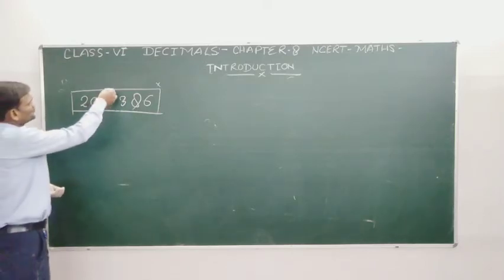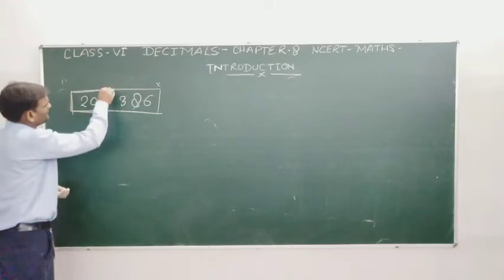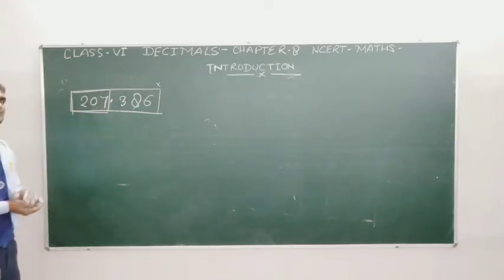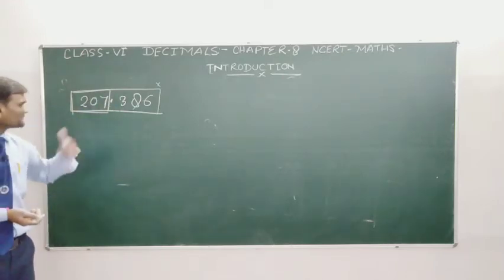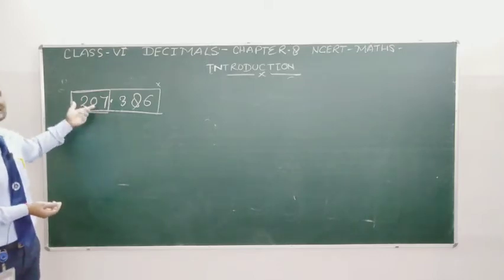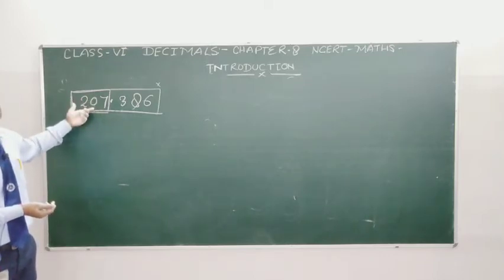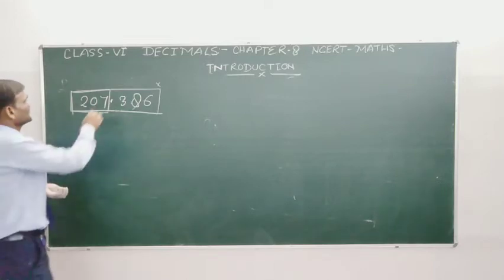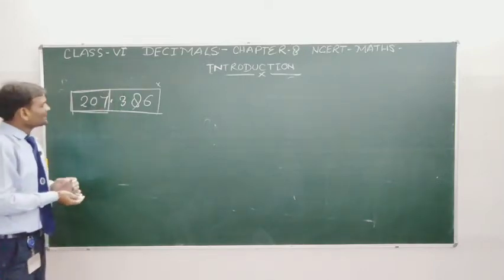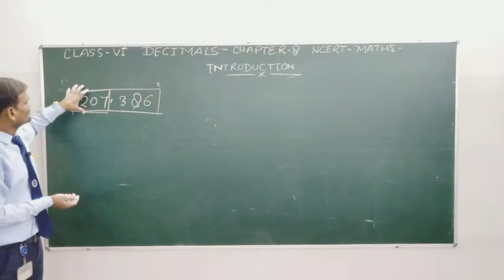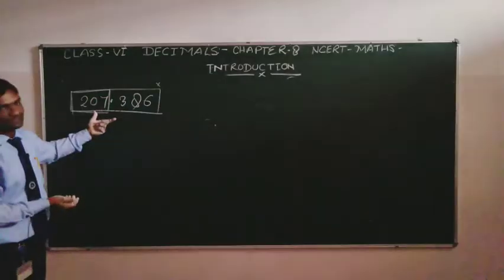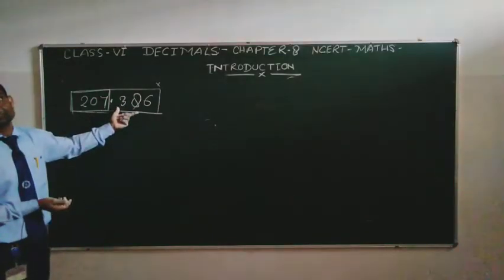Yes, you know very well how to read the whole number part. Whole number part को पढ़ना आप जानते हैं, because from KG class you are reading the whole number part. But here we are trying to tell you how to read the fractional part.